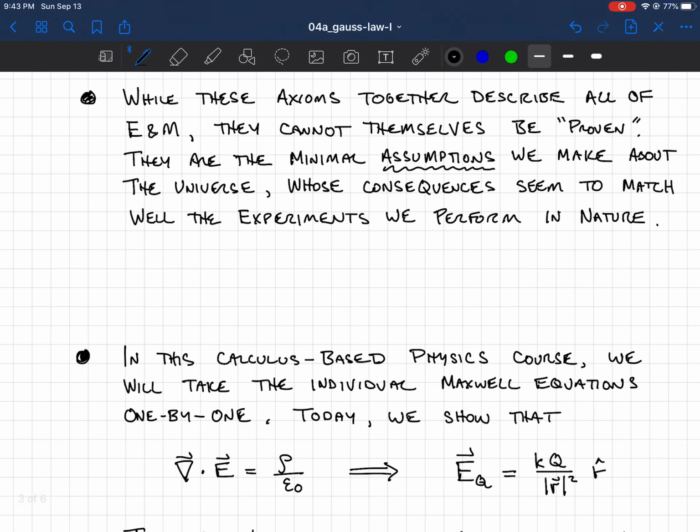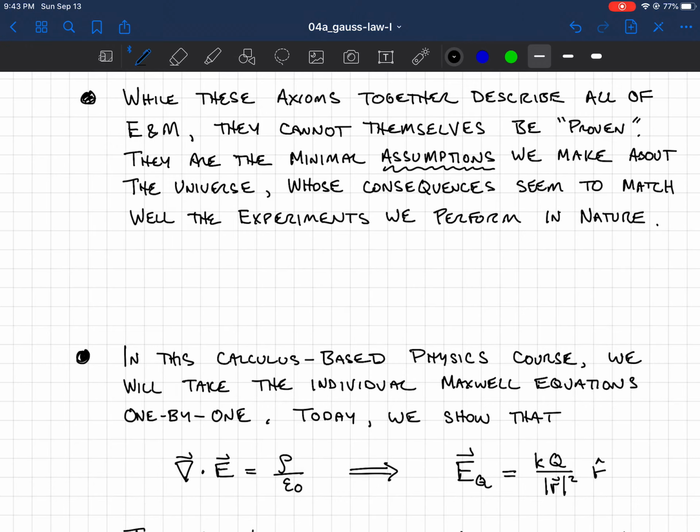When you put all these axioms together, they describe all of electricity and magnetism, but they themselves can't be proven in any way. That's one of the things that we mean by axioms, is that they're the assumptions we make about the universe. We make these sort of simple assumptions of these 5 principles, and then we test them in nature.